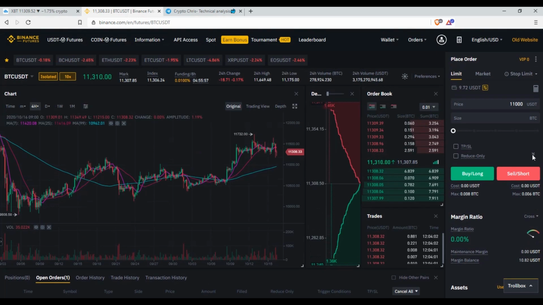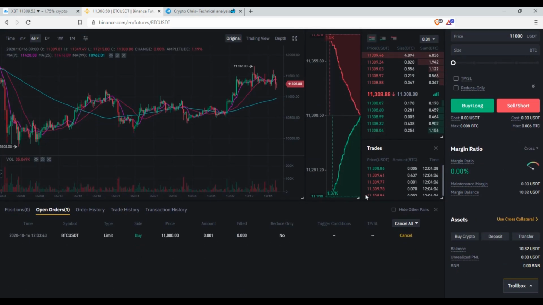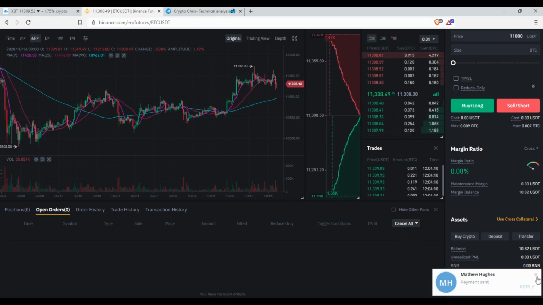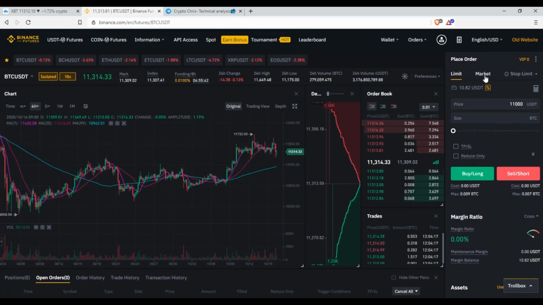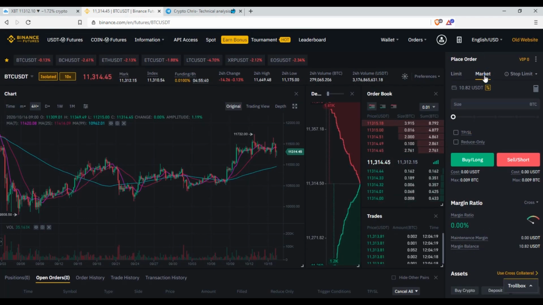So next, if you want to get into the trade there and then and you just want to open, if you want to cancel this, all you do here is press cancel. And then if you want to get into the trade straight away, all you're going to do is press a market order.